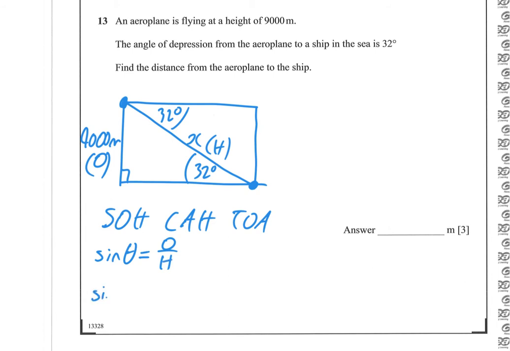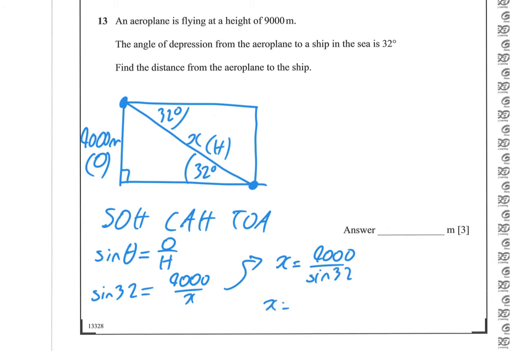So in this case, sine of our angle 32 is equal to our opposite, which is 9,000, divided by x, which we can rearrange to say x is equal to 9,000 divided by sine of 32, and that works out to be 16983.72, and that's going to be meters, to 2 decimal places.